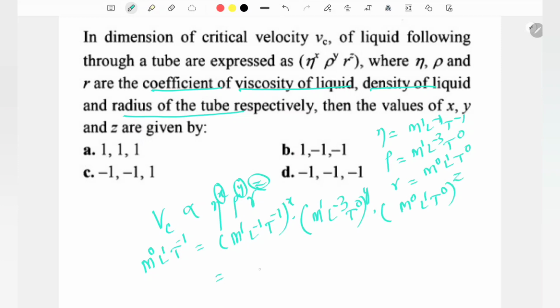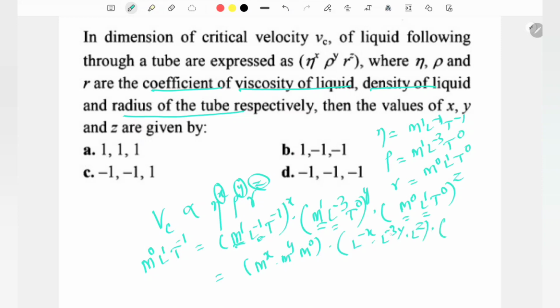By simplifying, we get M power x into M power y into M power 0, and the L terms, L power minus x into L power minus 3y into L power z.